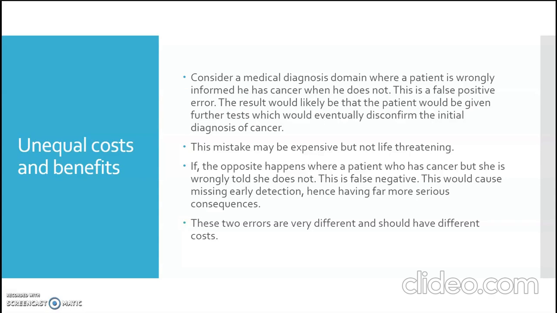This mistake may be expensive but not life-threatening. If the opposite happens, where a patient who has cancer is wrongly told she does not, this is a false negative. This would cause missing early detection, hence having far more serious consequences. So these two errors are very different and should have different costs, right?